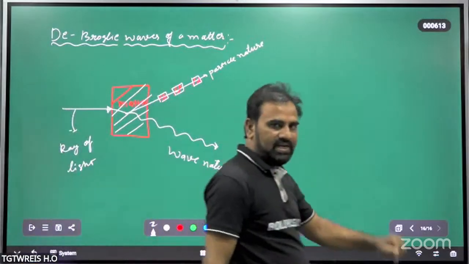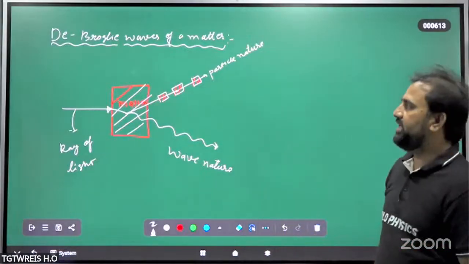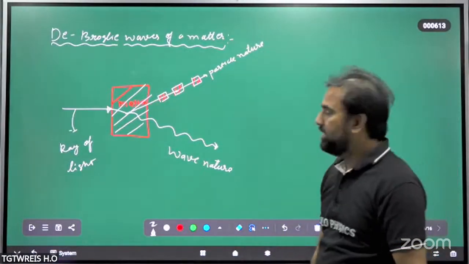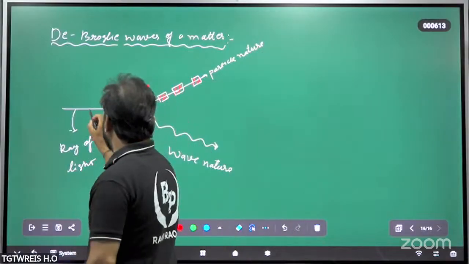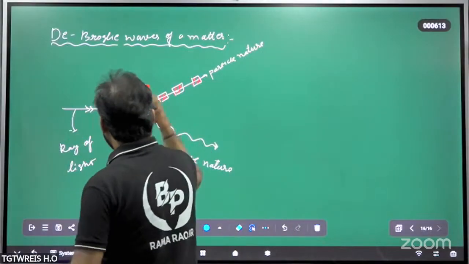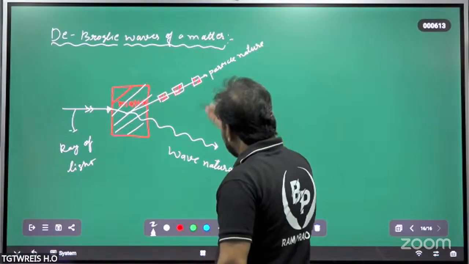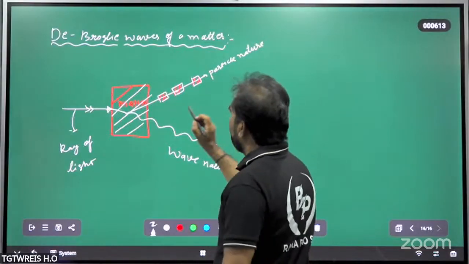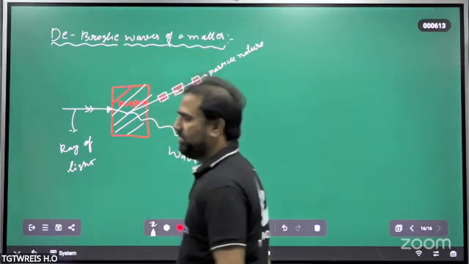This dual behavior of light is called the dual nature of radiation. So these waves are called matter waves or de Broglie waves.